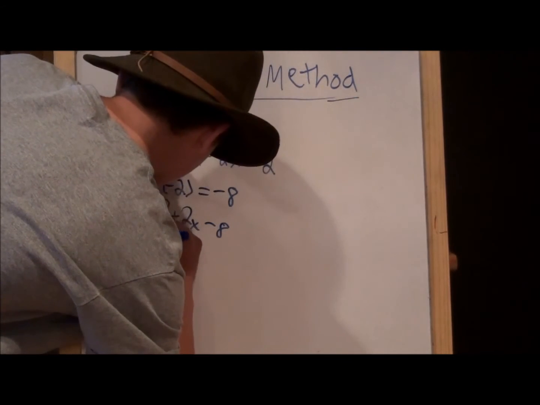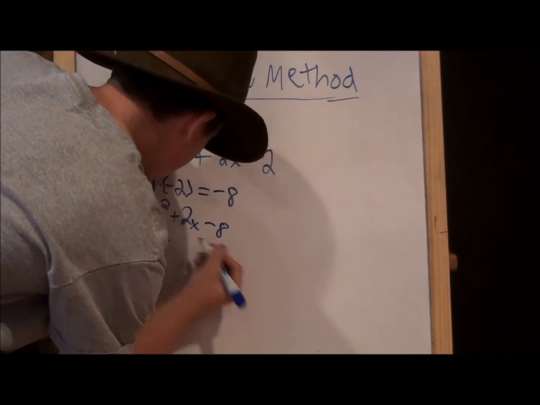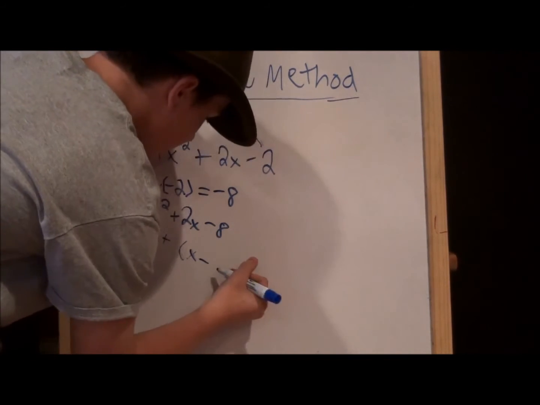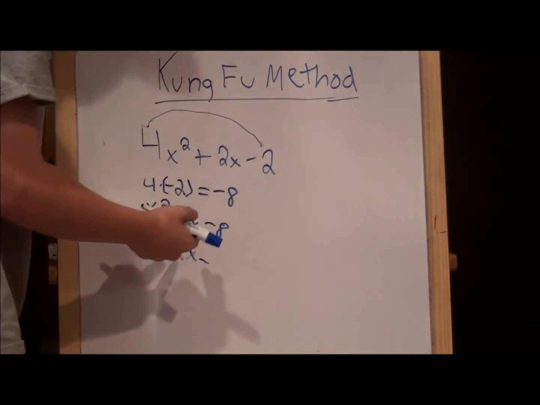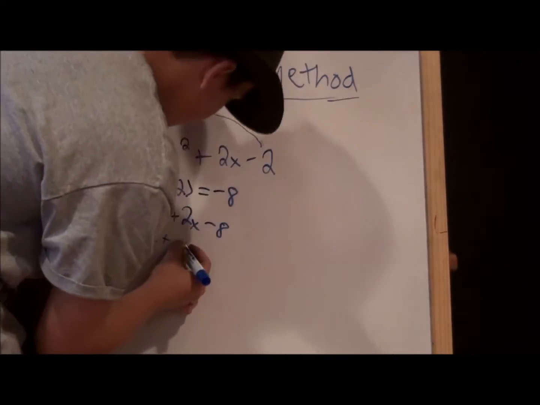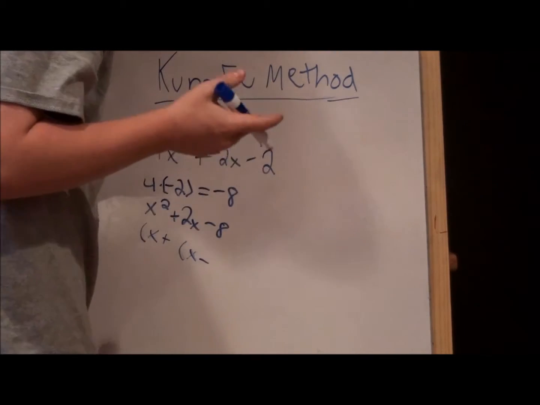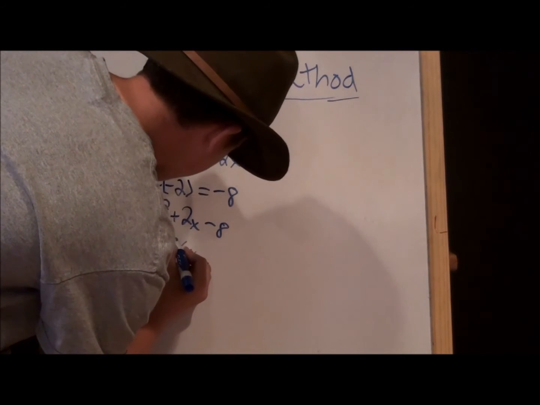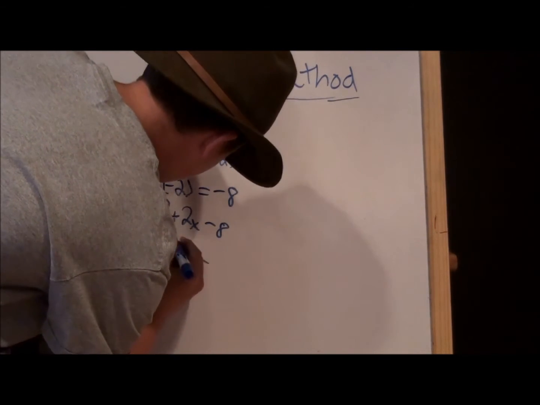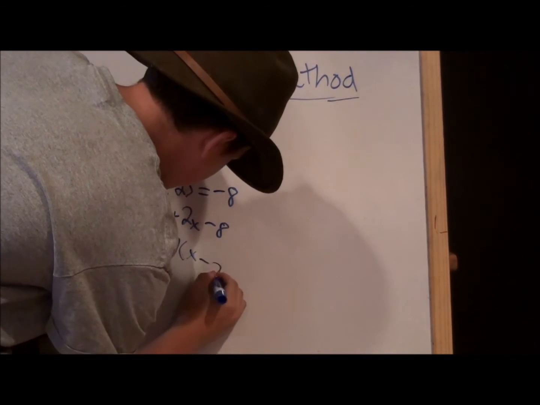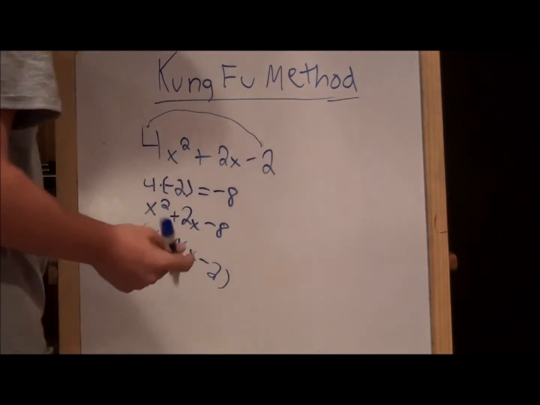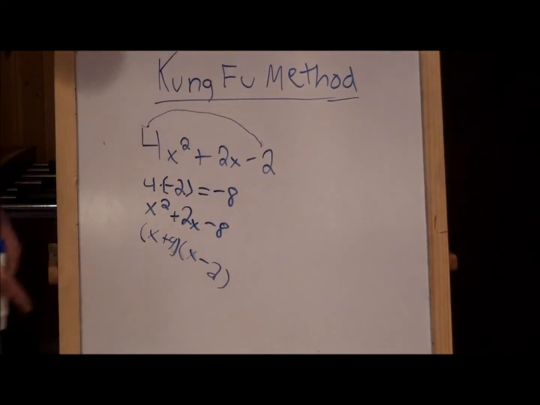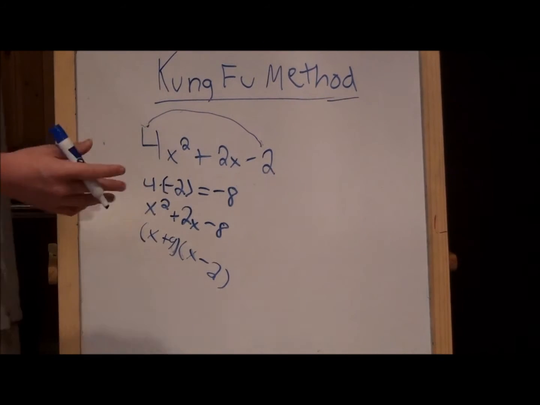So x plus something times x minus something equals x squared plus 2x minus 8. So we're just going to find those factors. You get those two factors that add to 2, so you know it's right.